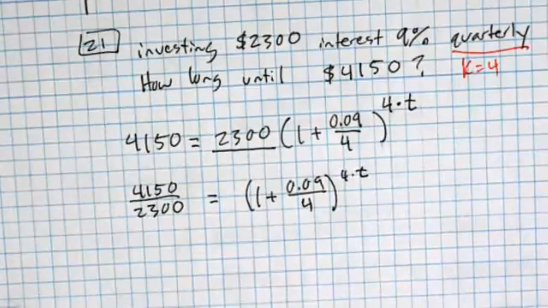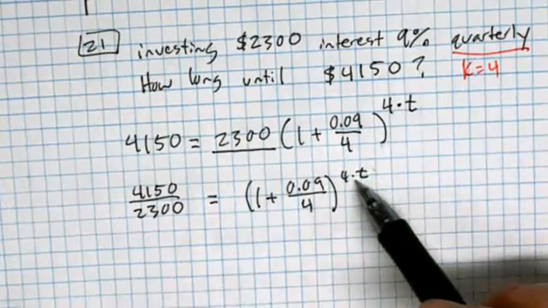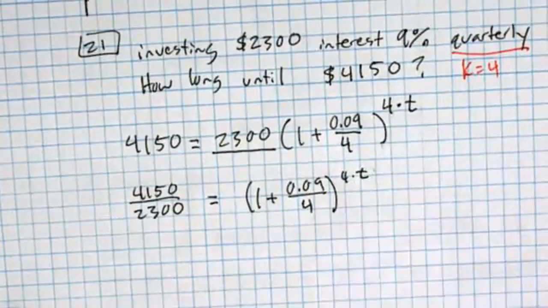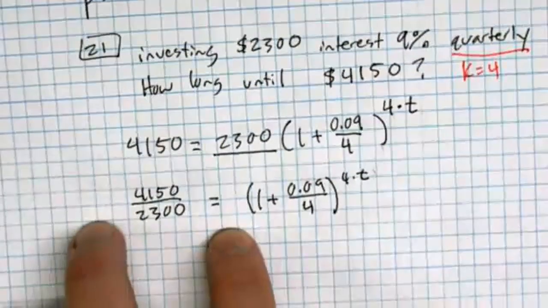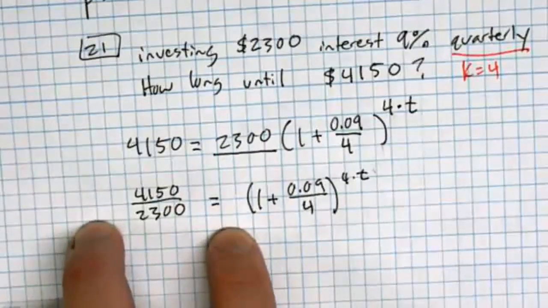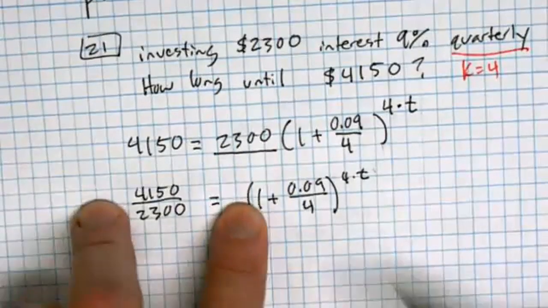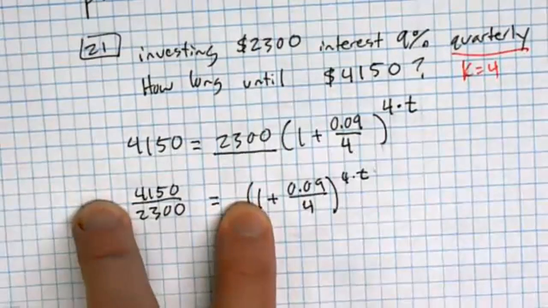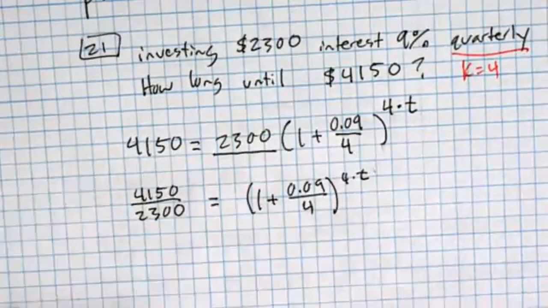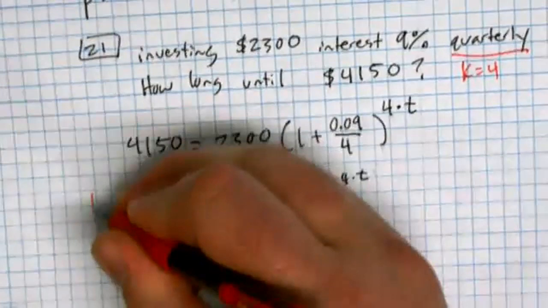Okay, now I need to get this T out of my exponent. We've talked about different ways to do that. My personal favorite way to do it is to take a log on both sides. If I take a log on both sides, I'll be able to pull that 4T down front. Okay, so that's what I'm going to do. I'm going to take a log on both sides.